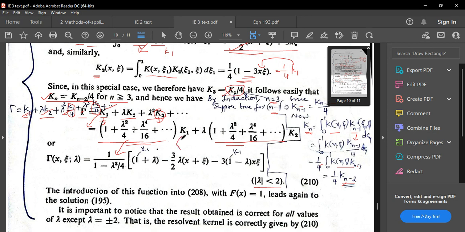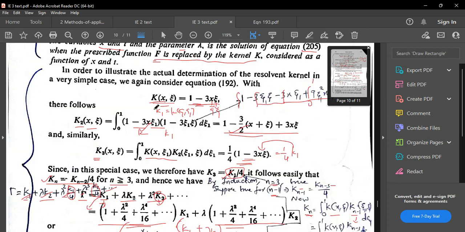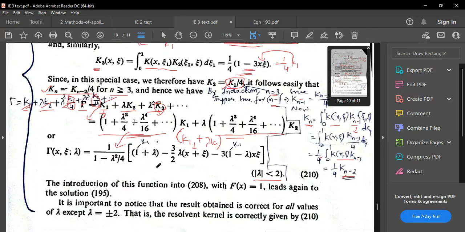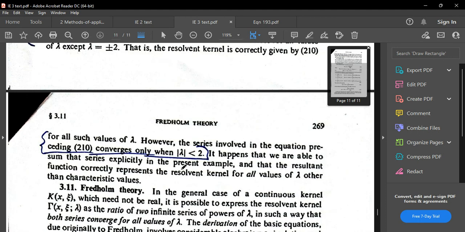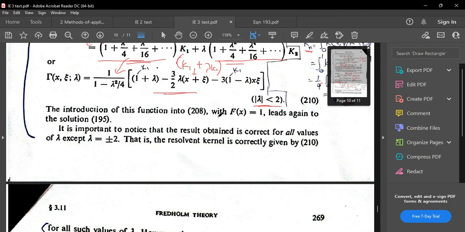Inside will be k1 plus lambda k2, and we know the k1 and k2 values we computed here and here. So substituting, we will end up here for mod lambda less than 2. The same things are given. So this is the end of this section. Okay, thank you.